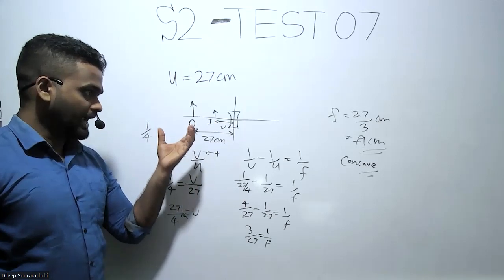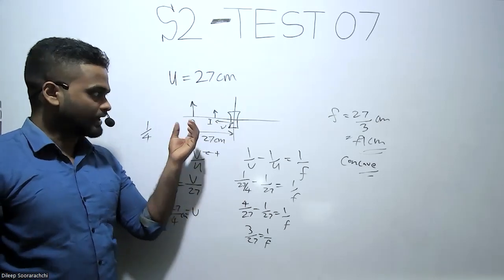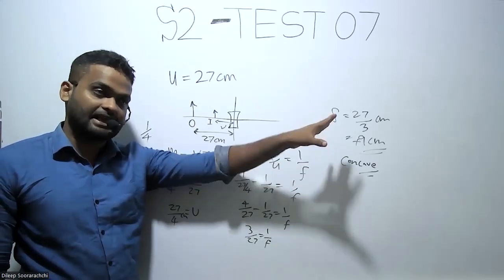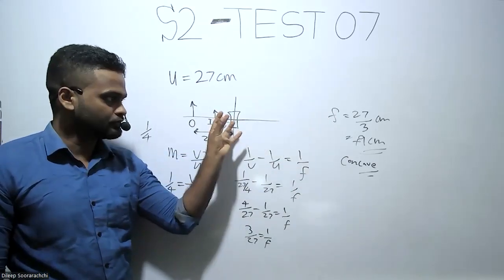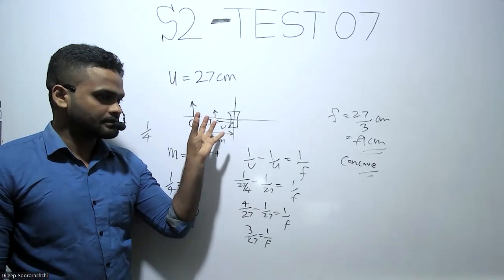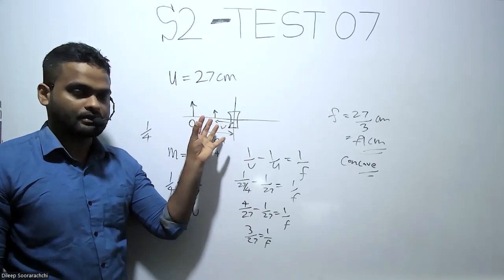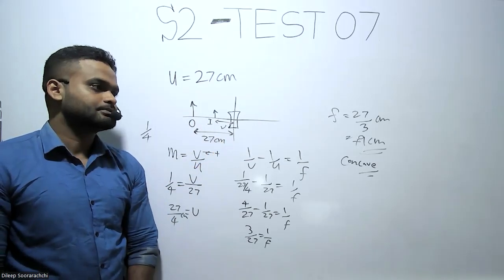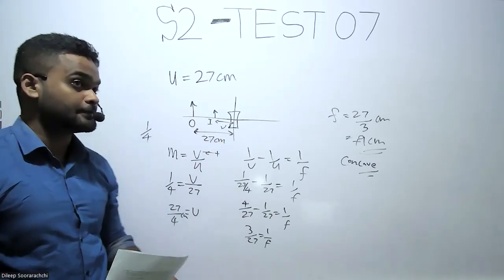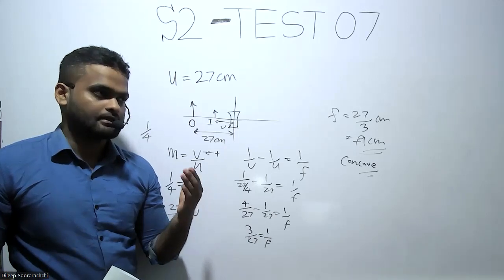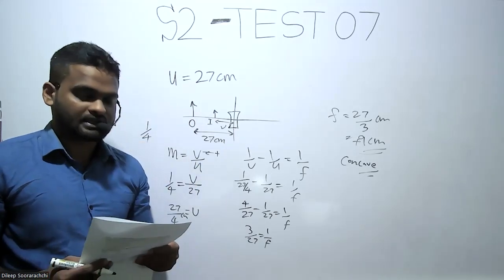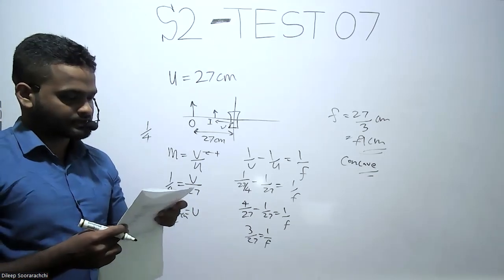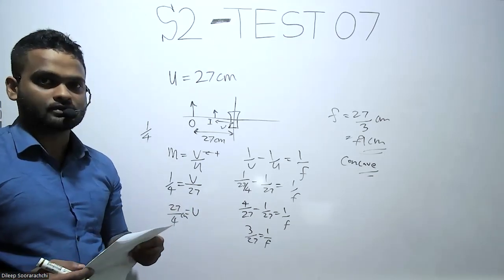If you cannot say those things without doing the question, without simplifying, then that area is lacking. You need to have that ability. Without that it will be very complicated to understand optical instruments and the human eye clearly. Okay, so the answer is the second one for the fourth question.